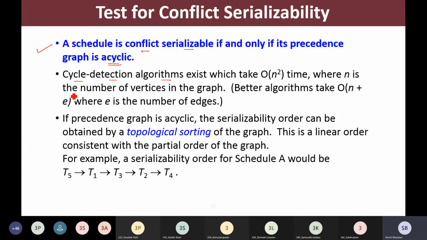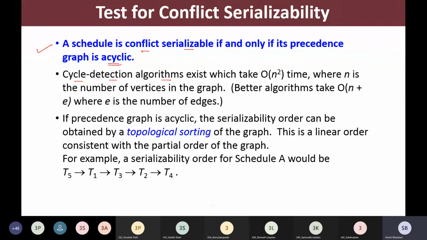You might have gone through such algorithms in your course related to computer algorithms. There are certain algorithms that are able to find out whether there exists a cycle in the graph, so we may go with that kind of algorithm to find the cycles in the graph.